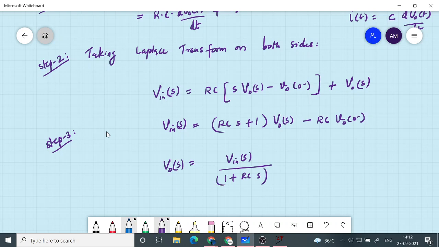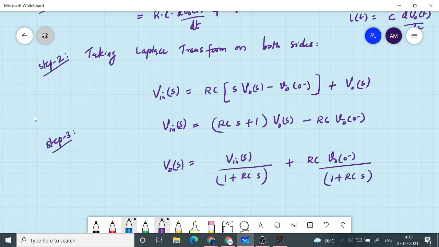That is one term. What I did is basically I divided both sides by RCS plus 1, or 1 plus RCS. So the V in term will become V in by 1 plus RCS, and I can take the term which involves initial conditions to the other side. So that will become plus RC into V0 of 0 minus divided by 1 plus RCS.